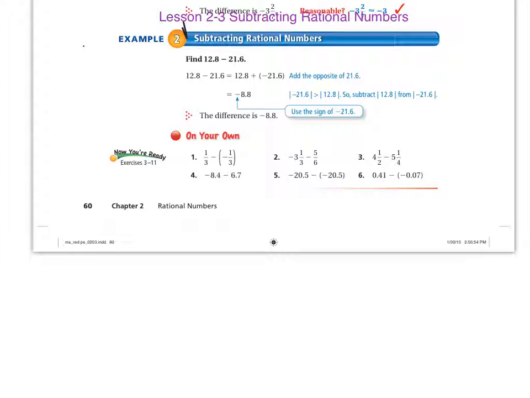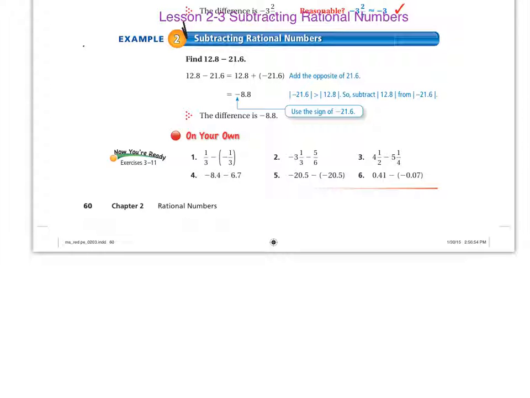We already have a common denominator, so I don't have to do anything other than my third step now. My next step is to write it as a fraction with your numerators, an addition problem with your numerators on top over one denominator. And then my next step is to add using the rules of integers. Well, 1 plus 1 is 2, all over 3.